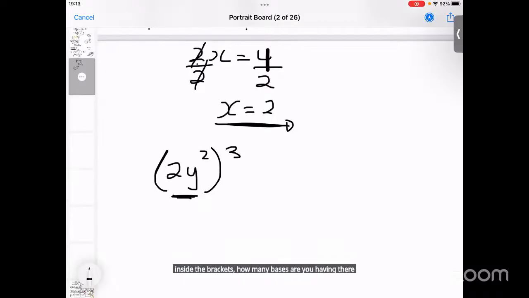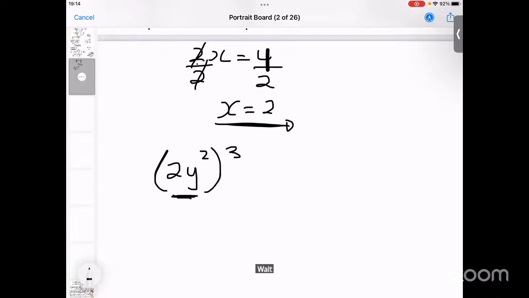Is it 1 base? Is it 2 bases? Is it 3 bases? Looks like it's 2. It is 2 different bases. Each base has an exponent.